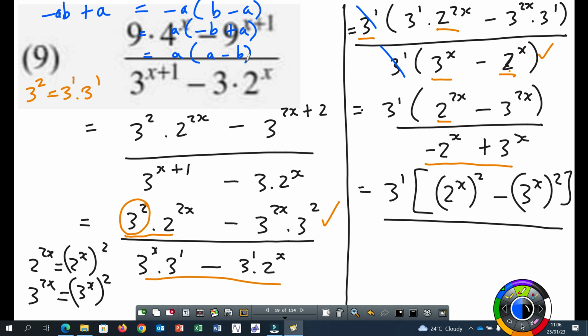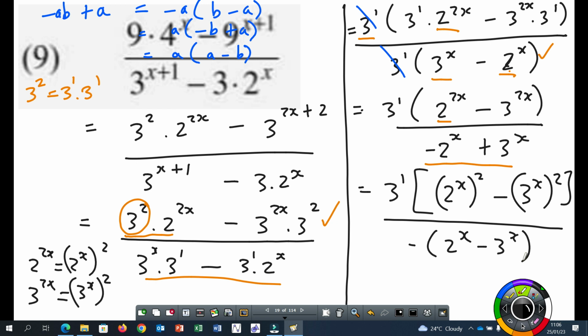But for our question, all I have to do is convert this minus 2 to the power of x to a positive, and that positive 3 to the power of x to a negative. So for me to do that, I factor out minus 1, then I end up having minus of 2 to the power of x minus 3 to the power of x.